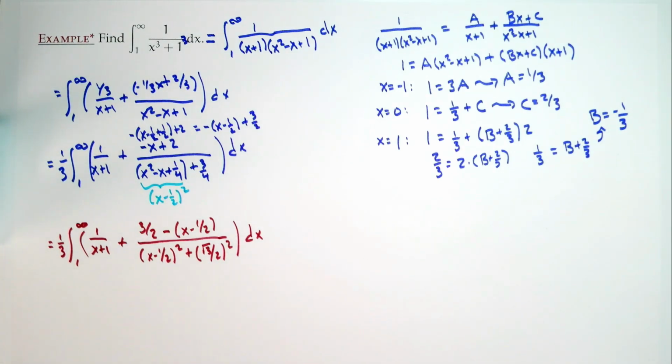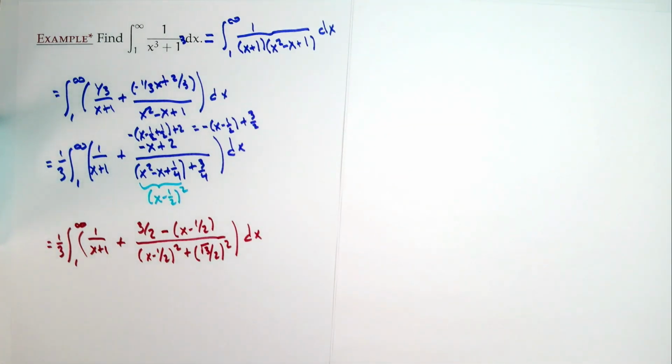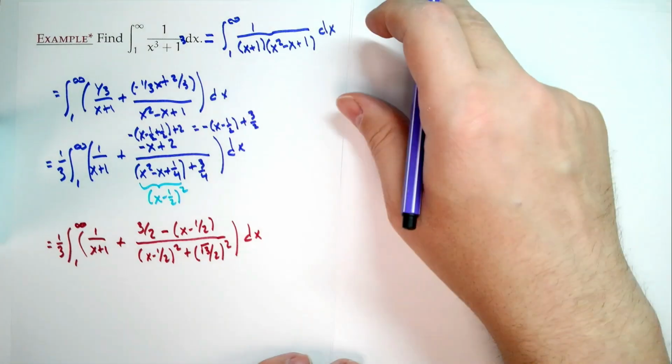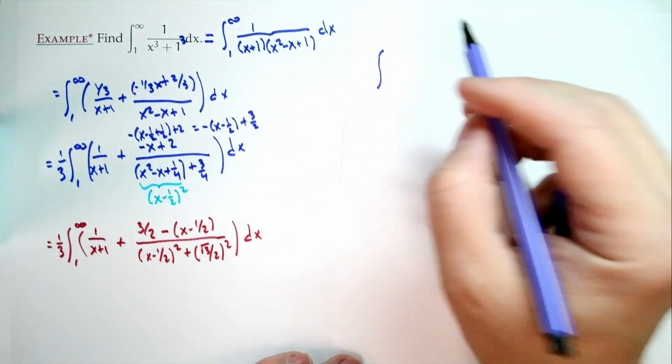All right. Well, I think it's time for us to do a little bit of work on this side. So let's grab a piece of paper here, and let's work on this integral. How could we do that integral? Well, I'm just going to do the indefinite integral for right now.